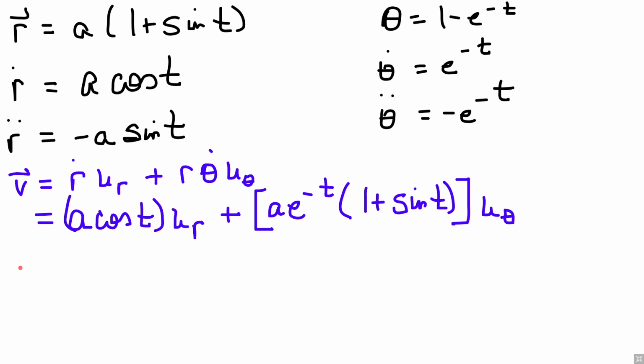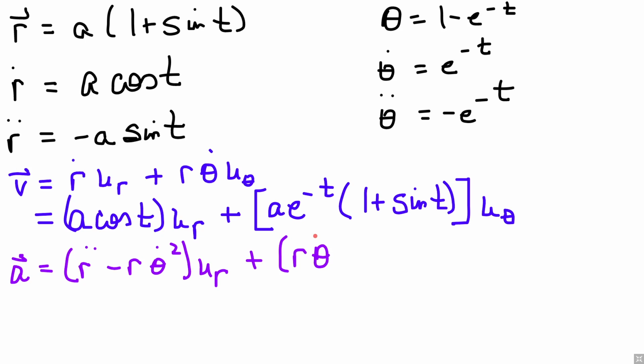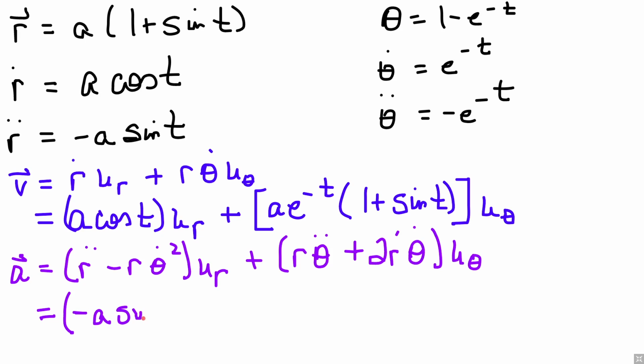And then for the acceleration vector, we're going to do r double dot minus r theta dot squared in the u_r direction plus r theta double dot plus 2 r dot theta dot in the u_theta direction. So r double dot, we said, was negative a sine of t.